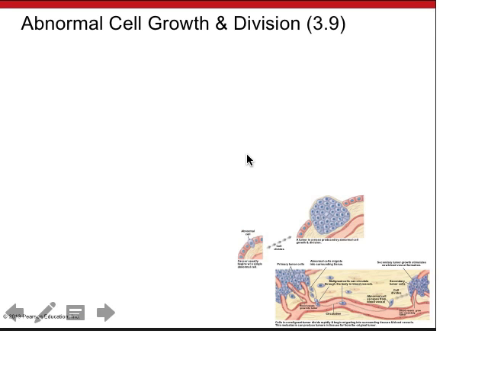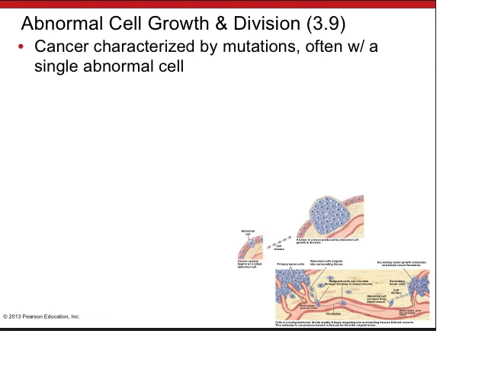Occasionally, mitosis can proceed in an unregulated fashion. When this happens, irrespective of the needs of the human body, we call this cancer. It's often characterized by changes in the information in the nucleus, producing an abnormal cell.